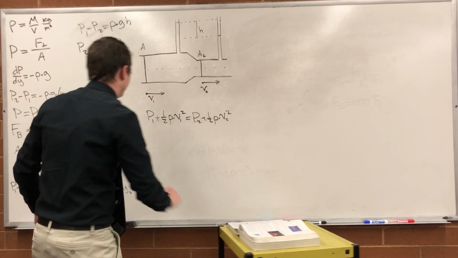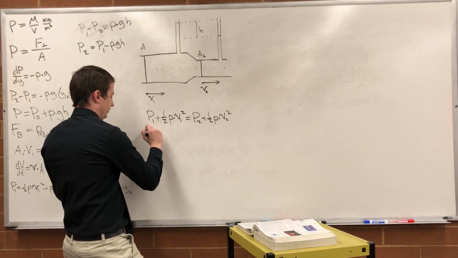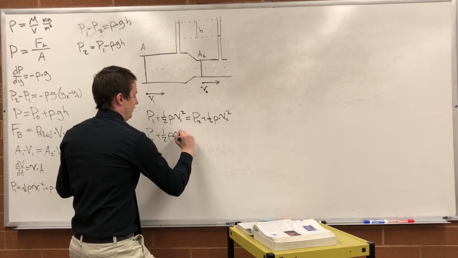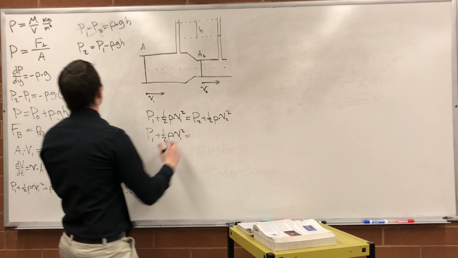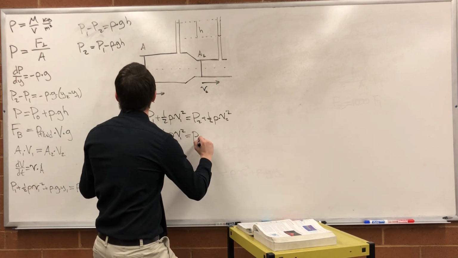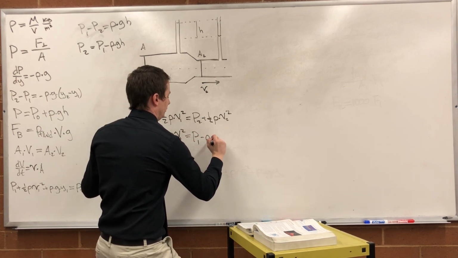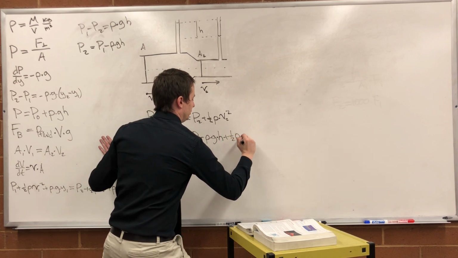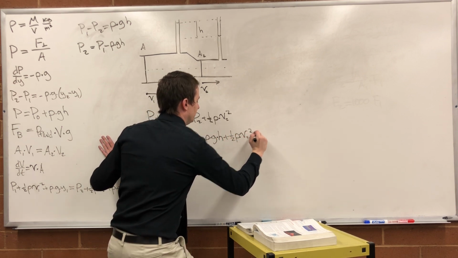So, substituting that in, let's see what we got so far. We have P1 plus 1/2 rho times V1 squared is equal to P1 minus rho times g times h plus 1/2 rho times V2 squared.